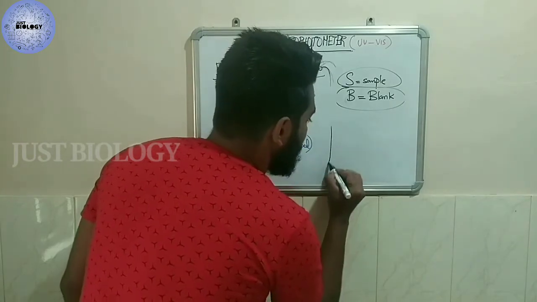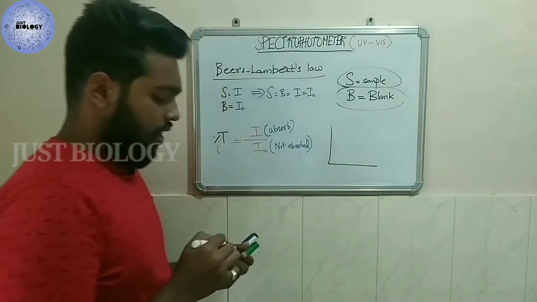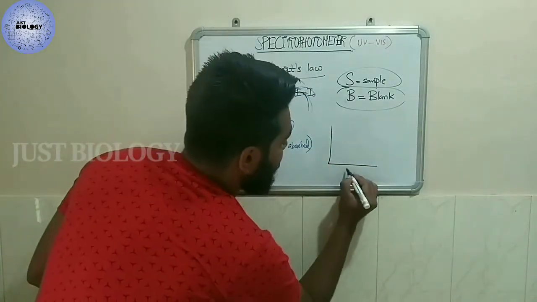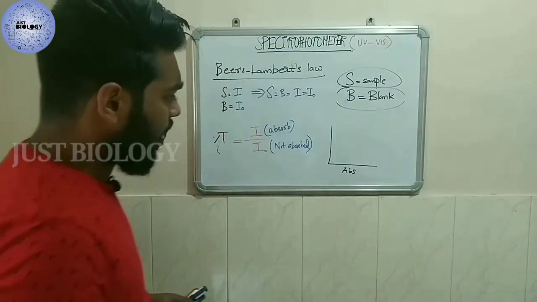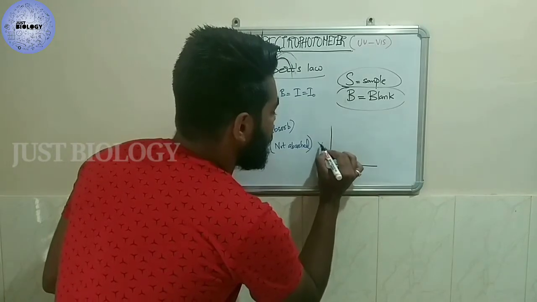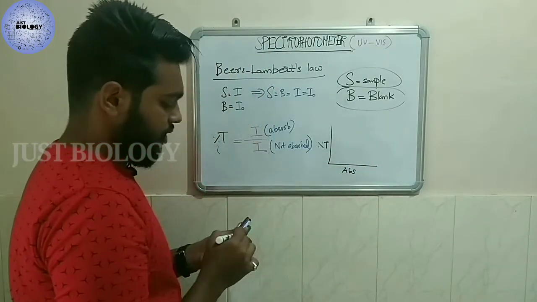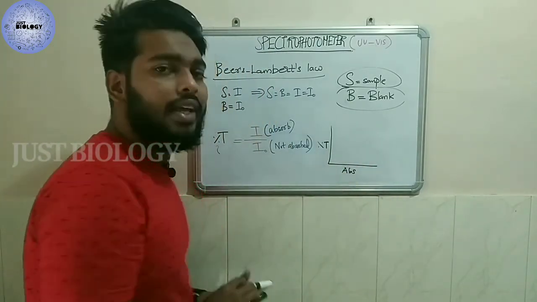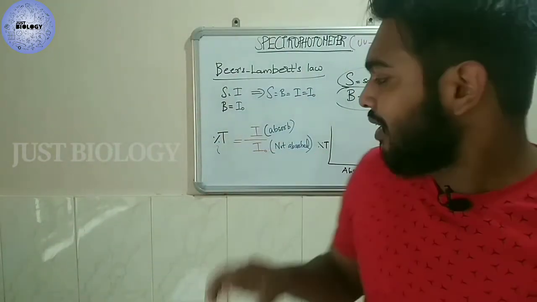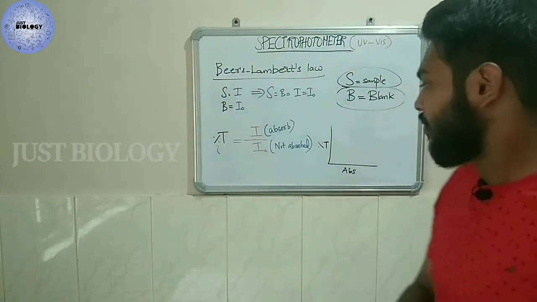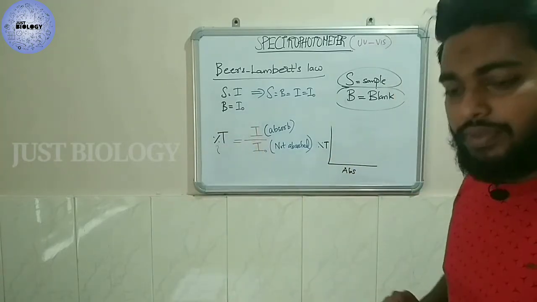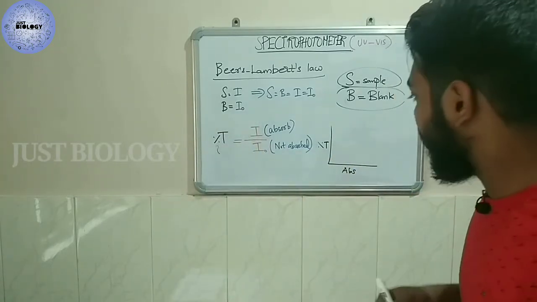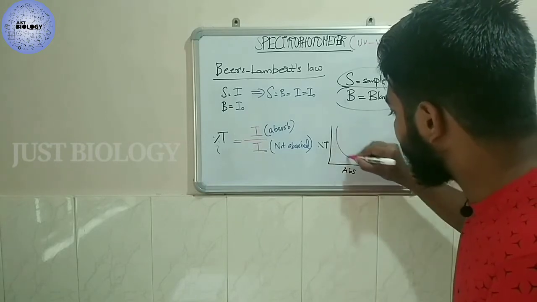The reason is like this. Let's consider this graph, and on the x-axis we plot absorption, and this can be the percentage of T. If you plot this graph using absorption and transmittance values, you will get a graph like this.